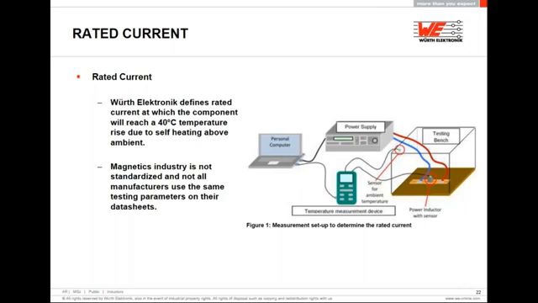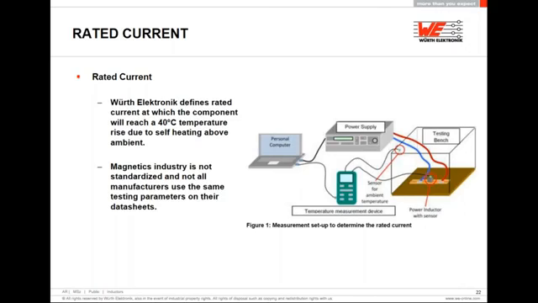However, magnetics industry is not standardized, and not all manufacturers use the same testing parameters on their datasheets. This is always something you must take into consideration when comparing inductors between different competitors. The diagram on the right shows our measurement setup to determine the rated current.